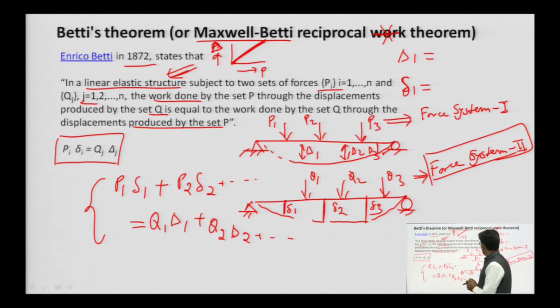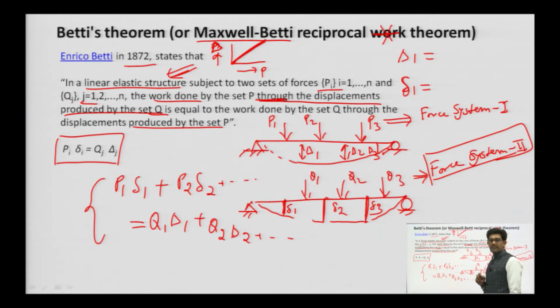Work done by set P, and this is an important line, through the displacement produced by the set Q, means P1 into delta 1, P2 into delta 2, P3 into delta 3.